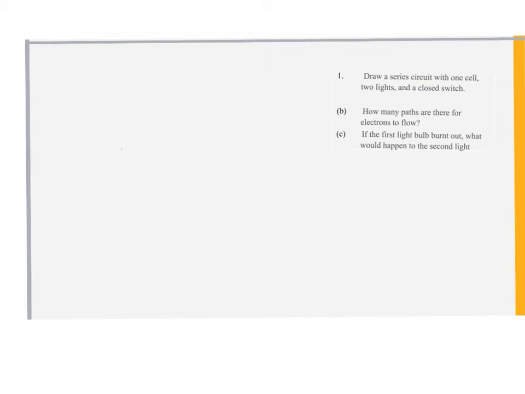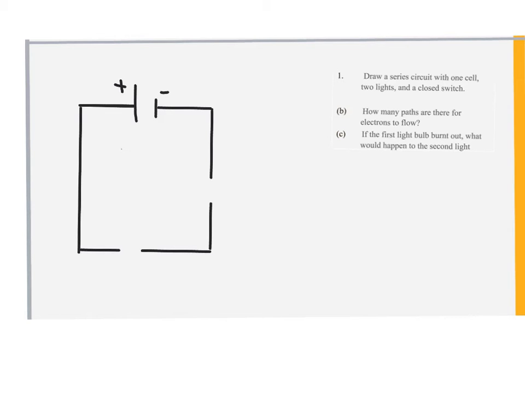Alrighty, so here we are going to start with our branch here. All right, so we need one cell, so we've got a big and a little line, and we'll label our terminals, and then we will leave a space for the light bulb, and then we can close this circuit up.